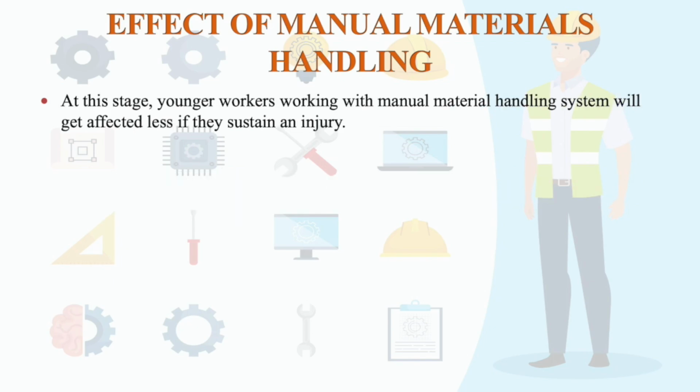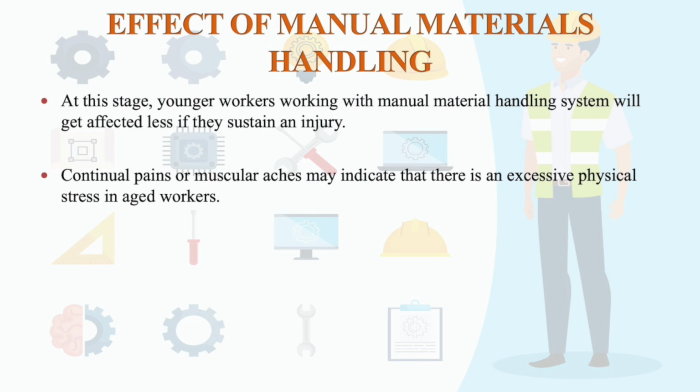At this age, the younger workers working with manual material handling system will get affected less if they sustain an injury. Continual pains or muscular aches may indicate that there is an excessive physical stress in aged workers.